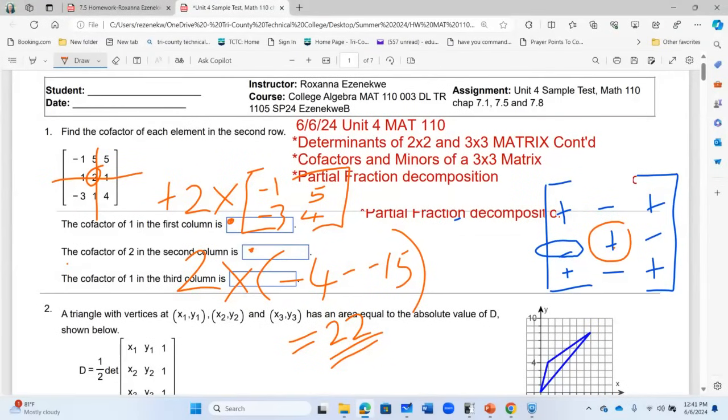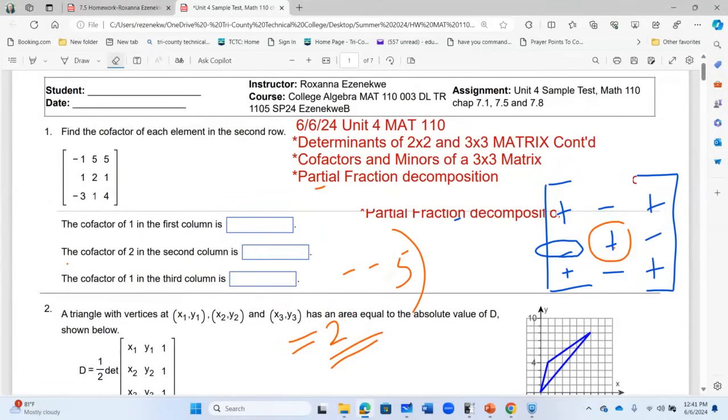So the next thing we want to do is the cofactor of 1 in the third column. I'm only told to find cofactors, so I want to answer the questions that I'm asked. I'm not told to find the determinant of the 3 by 3 matrix. I'm just told to find the cofactors, and that's what I'm going to do.